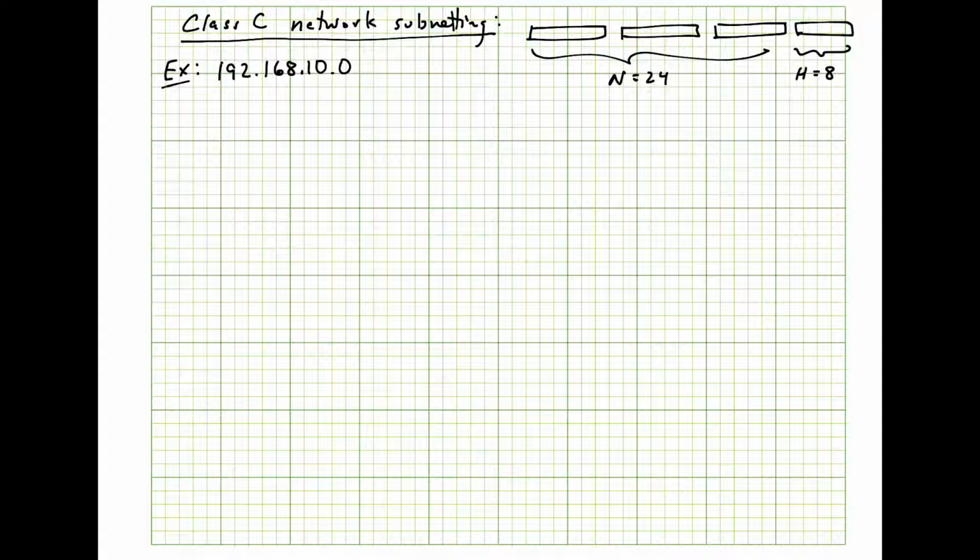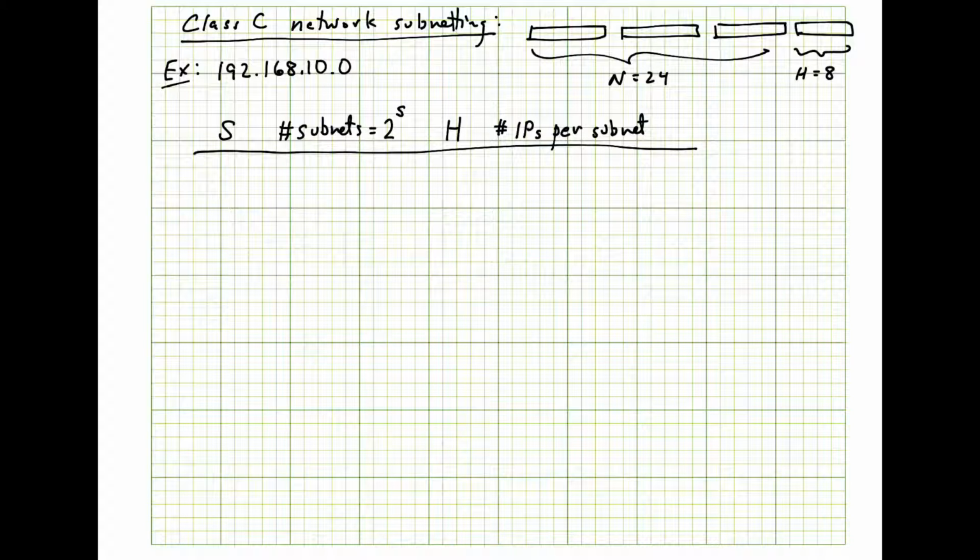We'll have various S values, the number of subnets, which is 2 to the S, the number of host bits left after we steal some of them, and the number of IP addresses per subnet.